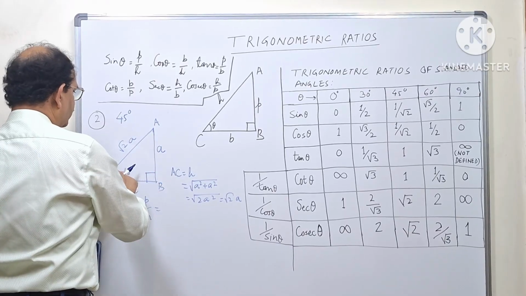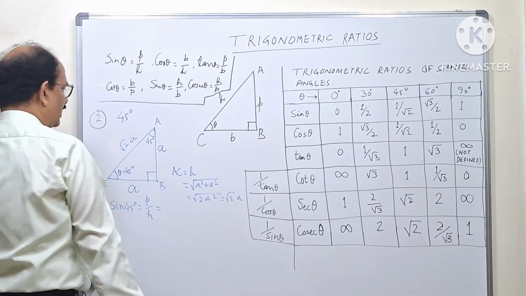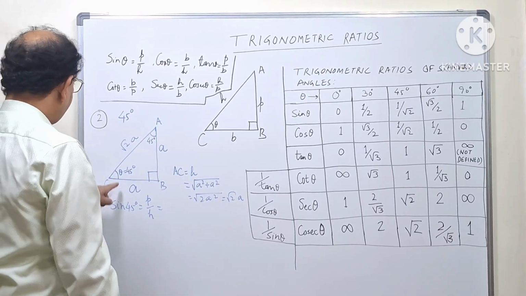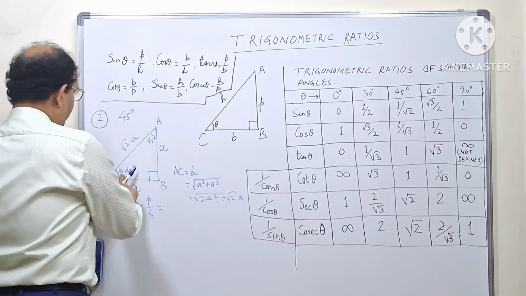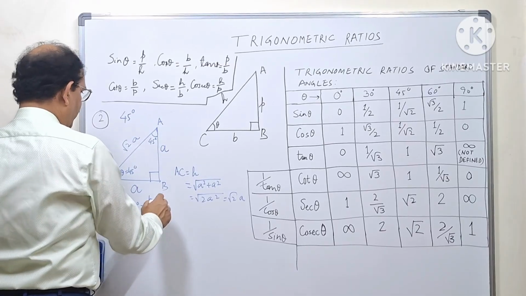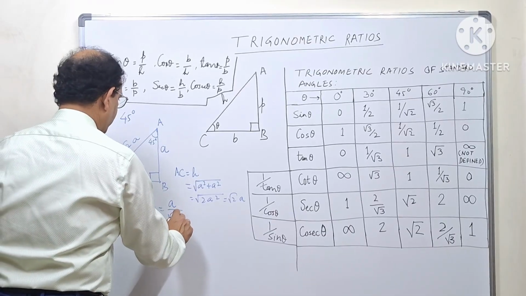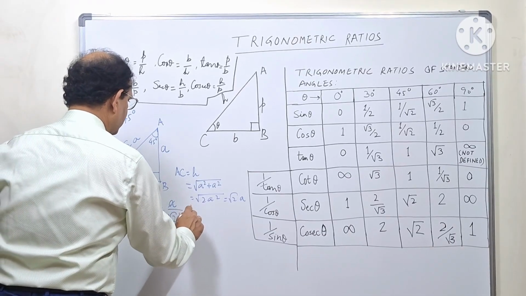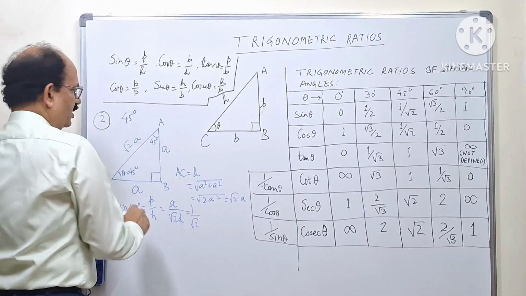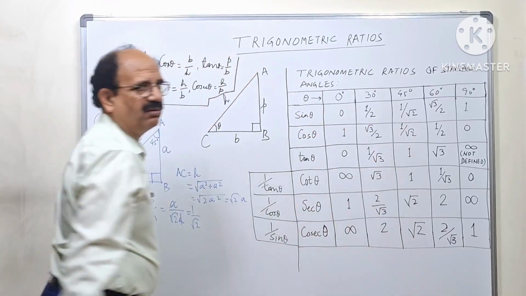Because this is 90 degrees, this will be 45 and this will also be 45. So now we take sine 45. Because I am taking this as a reference angle, this becomes my perpendicular. So this will be A divided by hypotenuse, which is root 2A. A cancels, so this becomes 1 upon root 2. Sine 45 is 1 upon root 2.